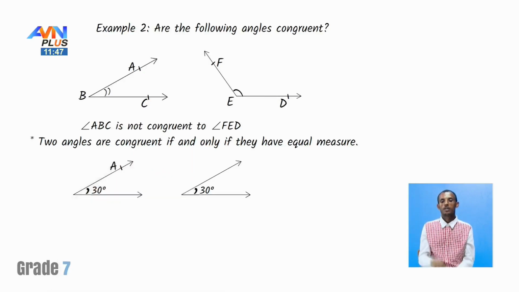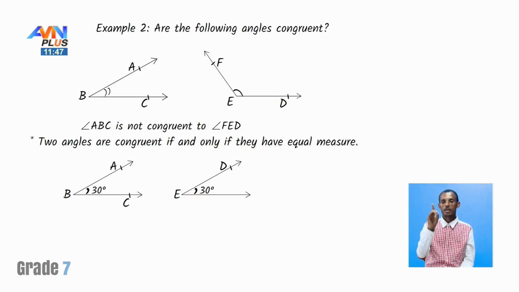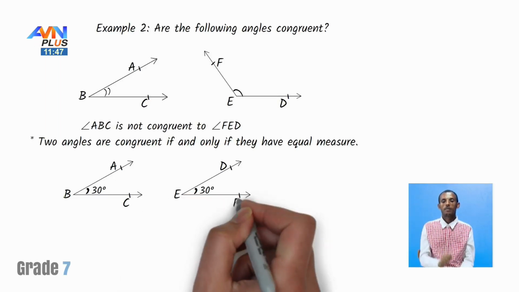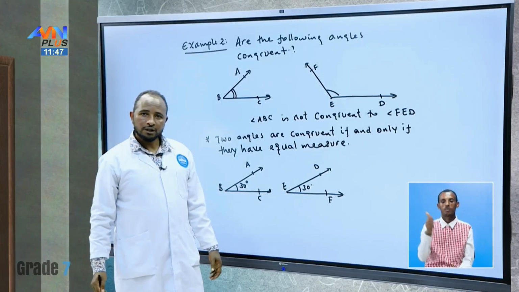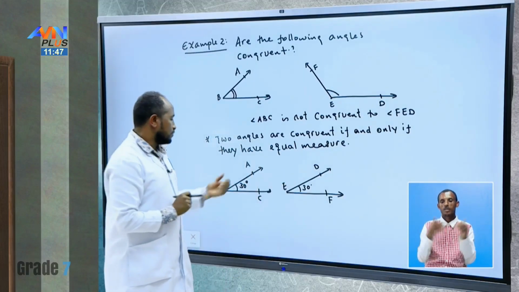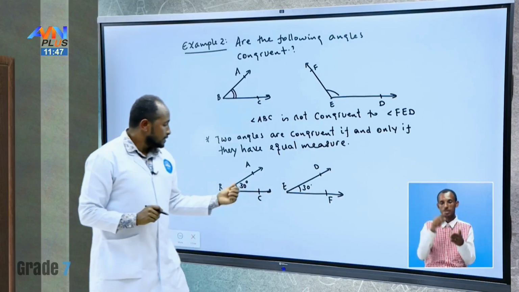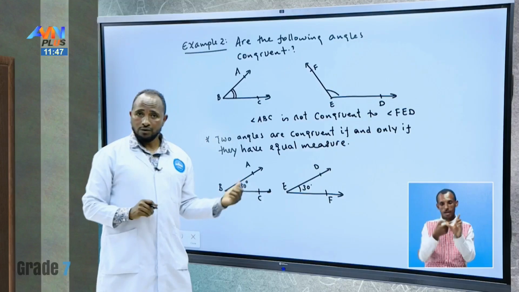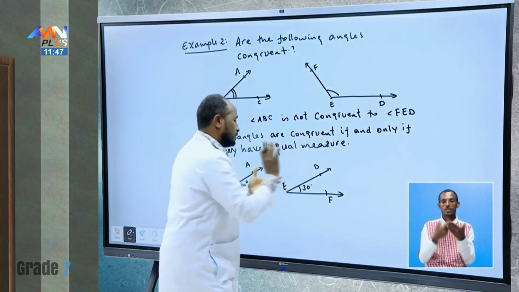So here, let's name this one angle ABC, and this angle DEF. Are these two angles congruent? That means, does this angle completely fit on this one if you move it? Yes, in this case, as you can see, the two angles are congruent. They have the same measure. So if you move this angle on this one, it exactly fits.